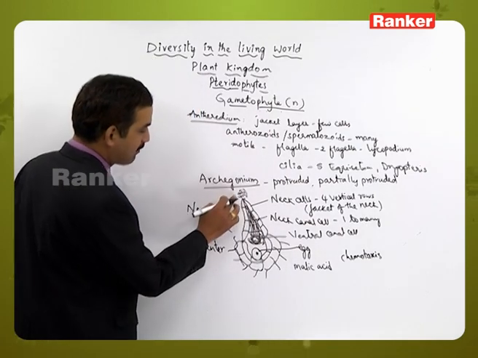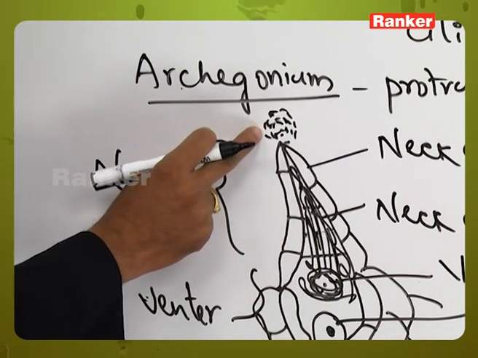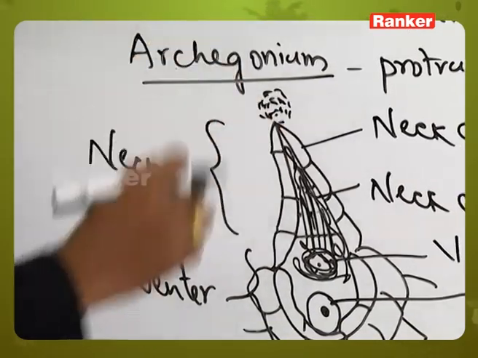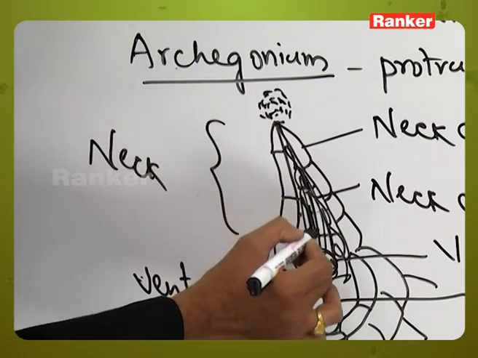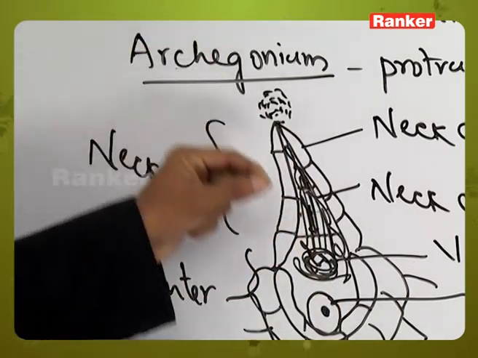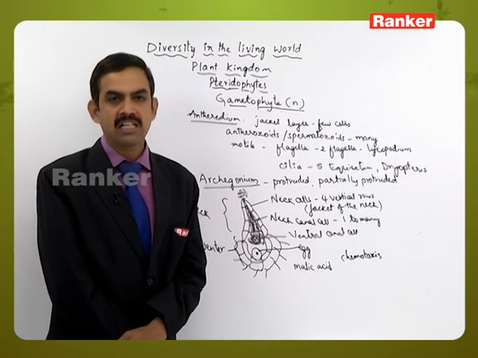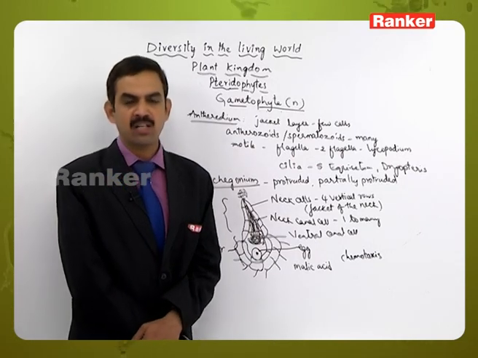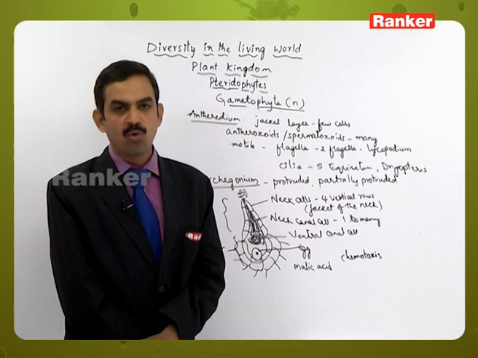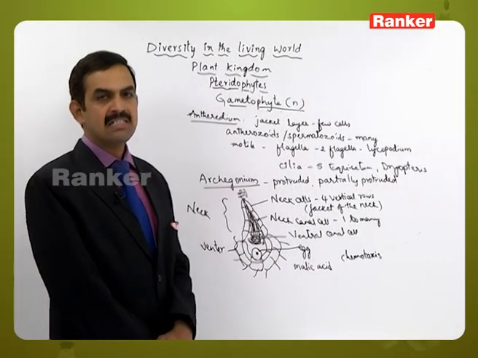Then the spermatozoids will attach to this mucilaginous drop, and after that the mucilaginous drop will dry, and when it dries up, it will gradually move inside. When it moves along with the mucilage, all the spermatozoids attached to that mucilage will also enter into the archegonium. But out of all the spermatozoids entering the venter of the archegonium, only one spermatozoid will fuse with the egg to form the zygote.